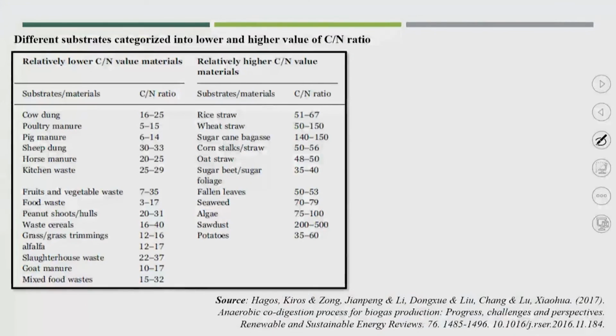Now, you see that different substrates have different carbon to nitrogen ratios. Like you see here, kitchen waste is 25 to 29, and suppose you take sawdust or other kinds of agriculture residue, they will have a higher carbon to nitrogen ratio. If you take food waste, at 3 to 17, this is not optimum.